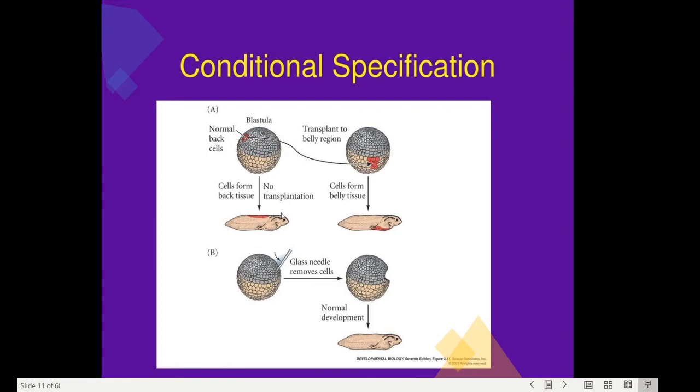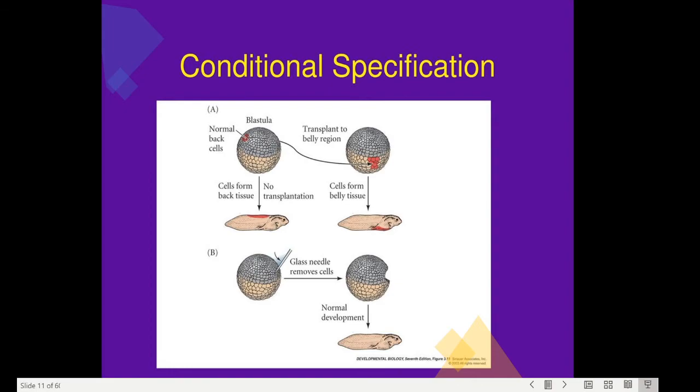In the normal blastula, the red-colored tissues are present at the top of the animal. But the transplanted cells have the red-colored region tissues in the belly region. This is conditional. Specifically, they are giving the condition: these cells need to grow into this particular portion.